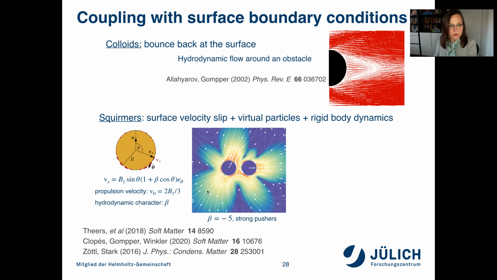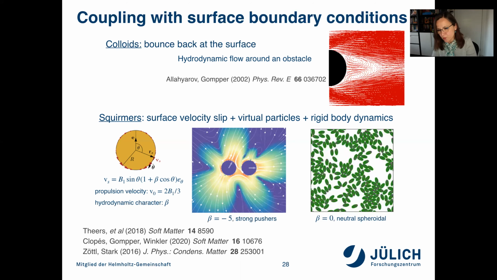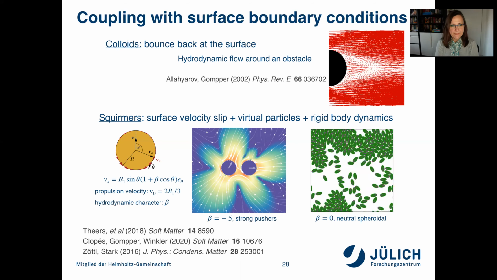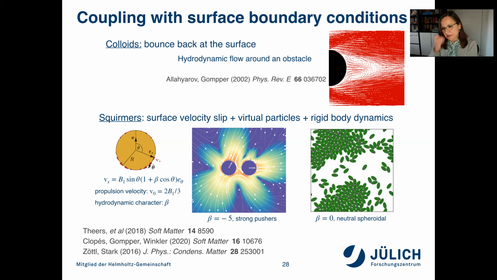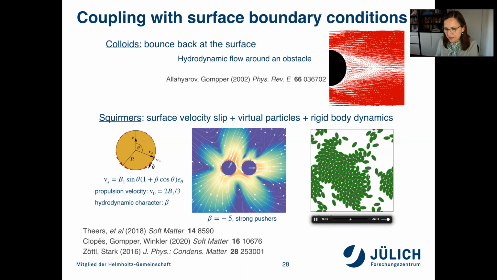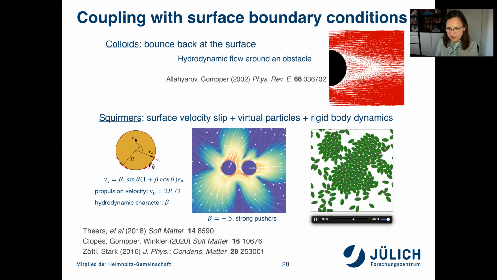I just chose this very recent and nice example that shows two spherical colloids which are strong pushers very close to each other, and you see these very involved hydrodynamic profiles, which are completely non-trivial. Here I would also like to show you a movie for a system of these elongated squirmers, which are neutral in this case. Here you can investigate the dynamics of all these clusters that are being formed.